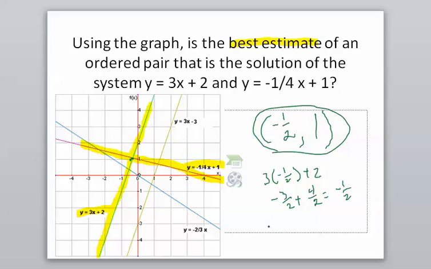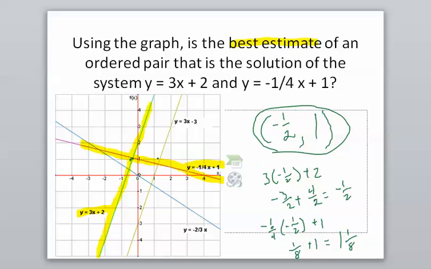So, negative 1/4 times negative 1/2 plus 1. Well, negative times negative is a positive. I get 1 over 8 plus 1, and that's 1 and 1/8. That's pretty close to 1, so that's not too far from being this point right here.